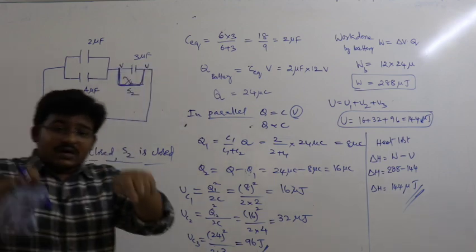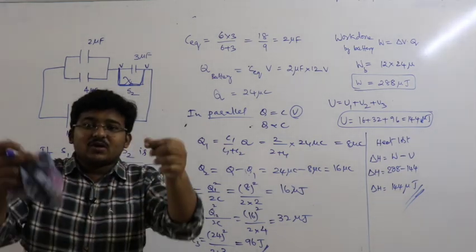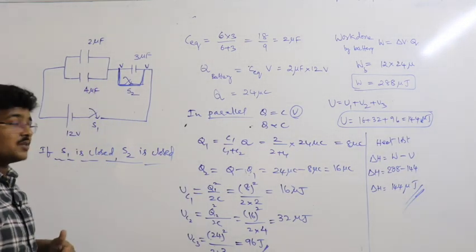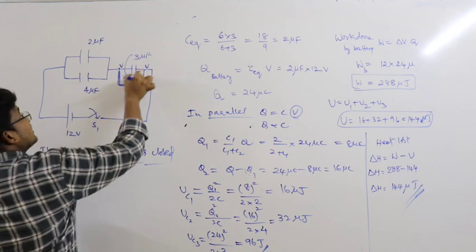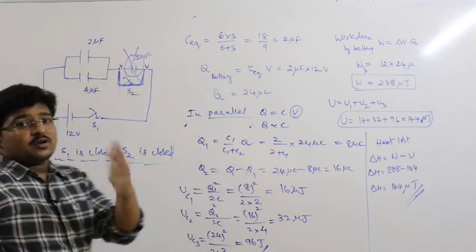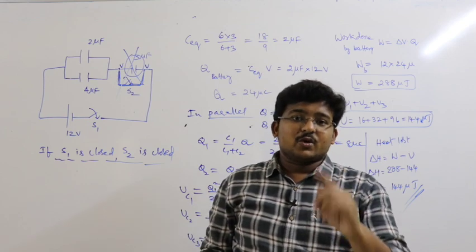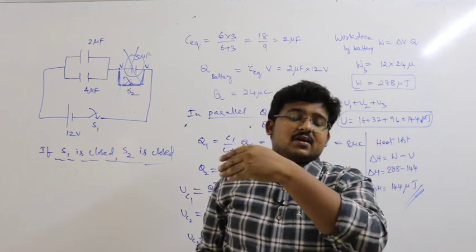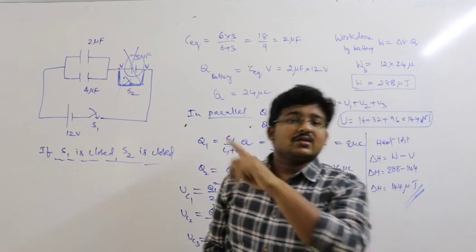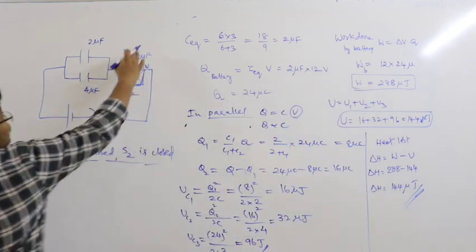I told you, for a conductor the endpoints will be at the same potential. So V and V means this capacitor will not function because there is no potential difference. When there is a potential difference, only then does charge pass. So you can remove this.